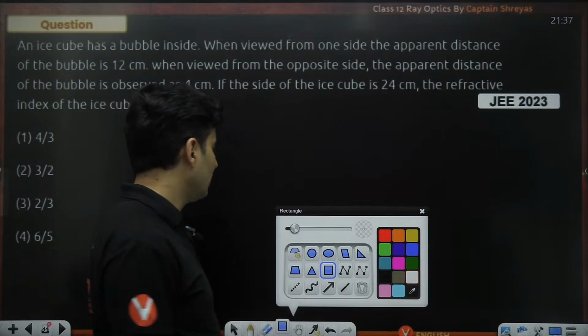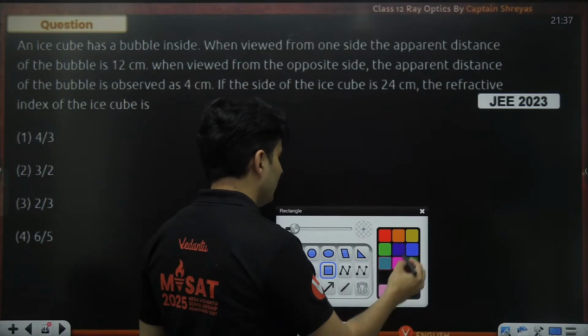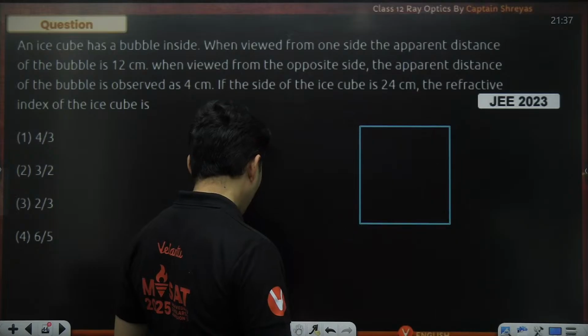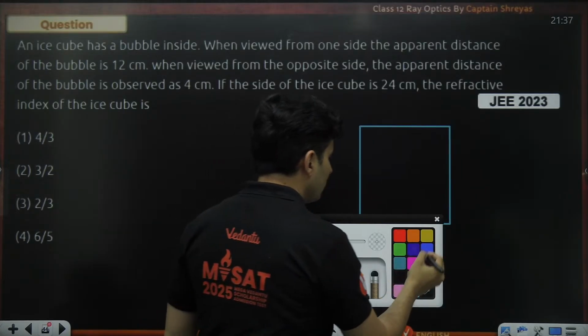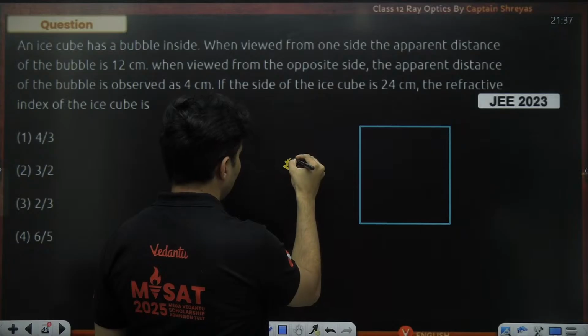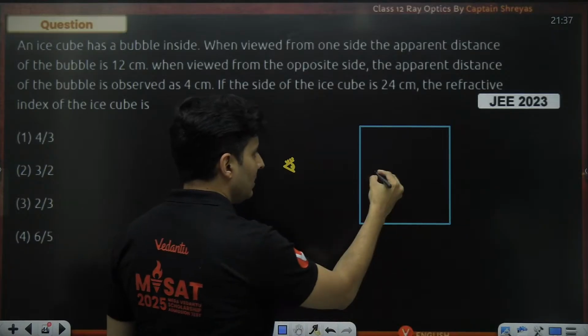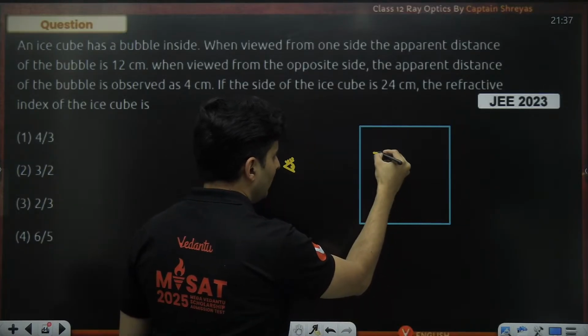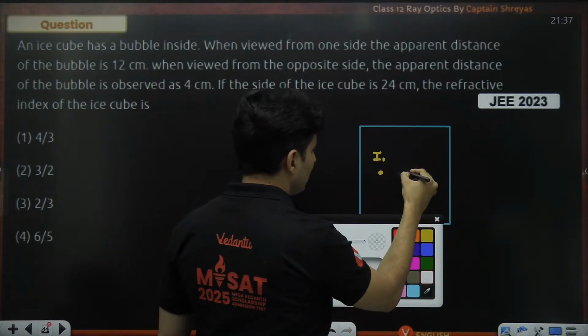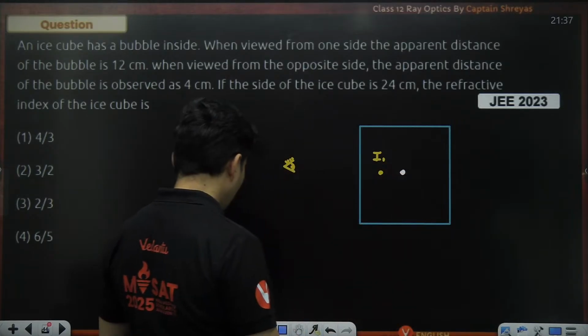Very good question, guys. So let's try to understand. So this is that ice cube. First time, the observer is over here. This is the observer. What is the observer seeing? The image is formed here. The actual object is somewhere here, I do not know where.